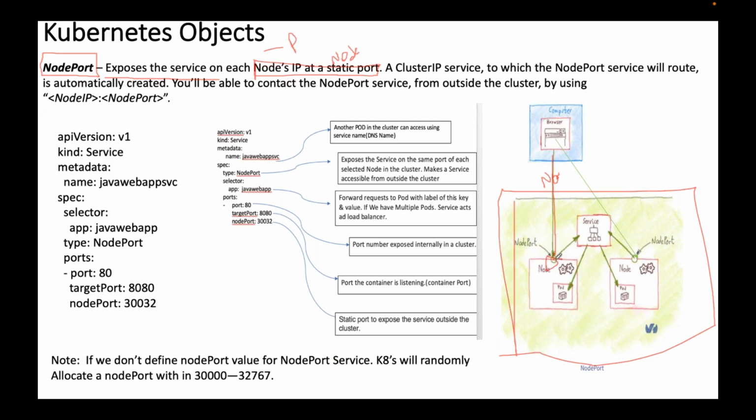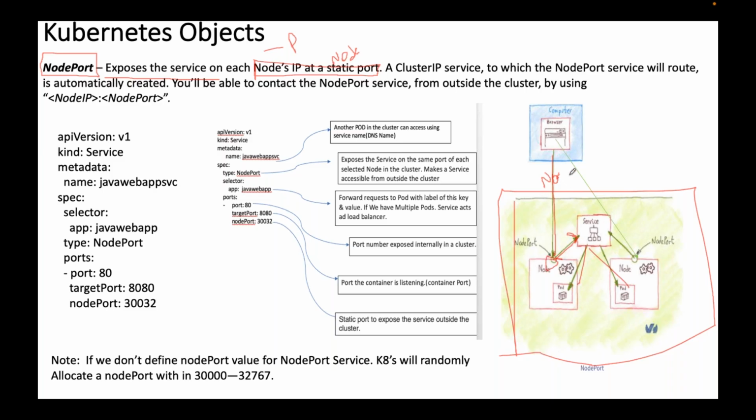Then it routes the traffic to that cluster service, that cluster IP, and from the cluster IP it routes the traffic to your pod IPs.